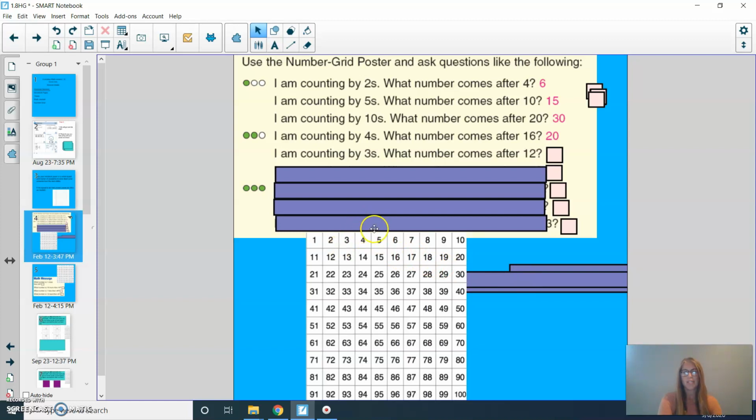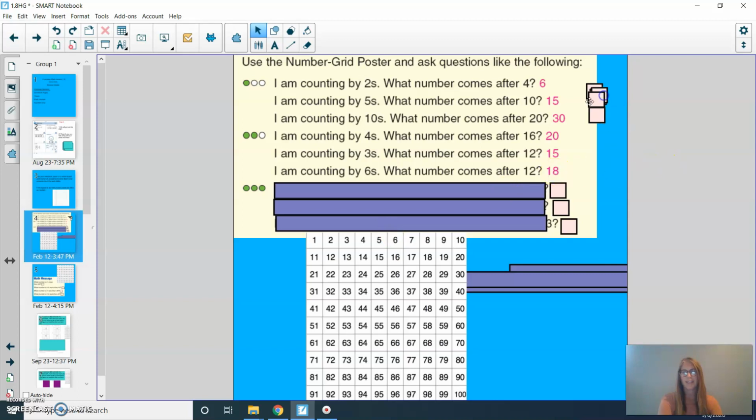I had 3, 6, 9, 12. What would be 3 more than 12? You should have 15. I'm counting by 6s. What number comes after 12? I had 6, 12. You might want to pause and figure out what's 12 more than 6.